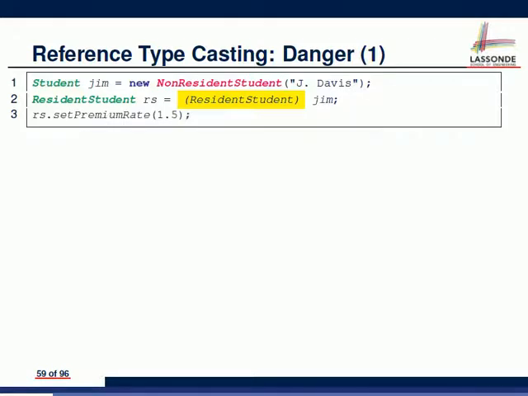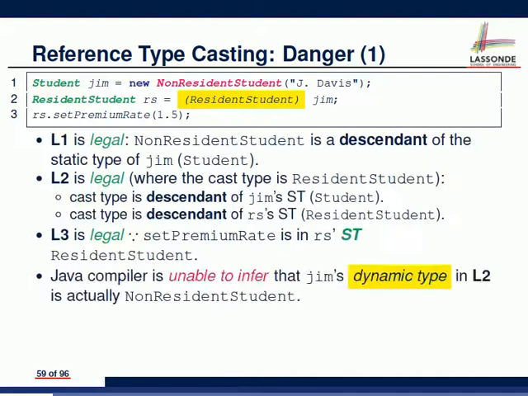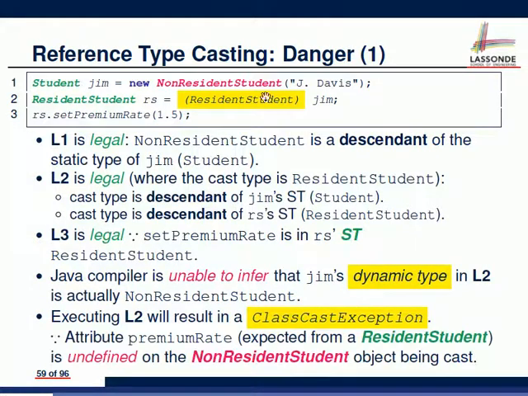Now everything compiled, but if you run it, you're going to run into a so-called ClassCastException. That's one thing to note. You can go through everything here, and the last point here is the most important part.